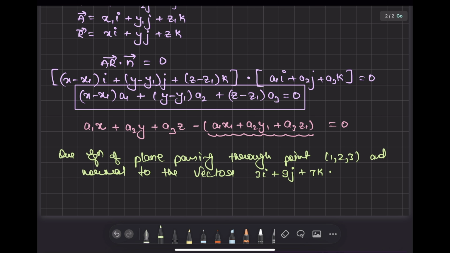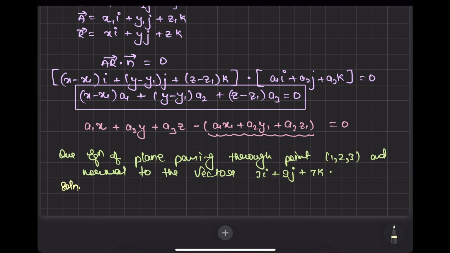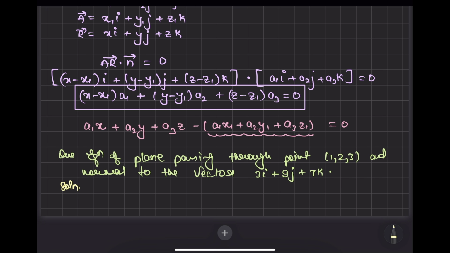Okay, now look at this. How will you solve this problem? You will be taking a variable point, correct? So variable point means what? X, Y, Z, and this is your A. A is 1, 2, 3. Then you will take R. R is what?